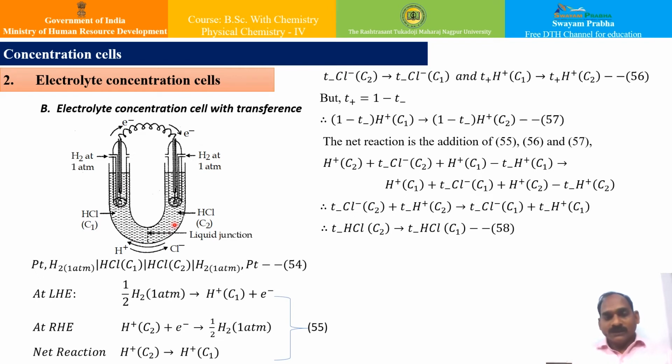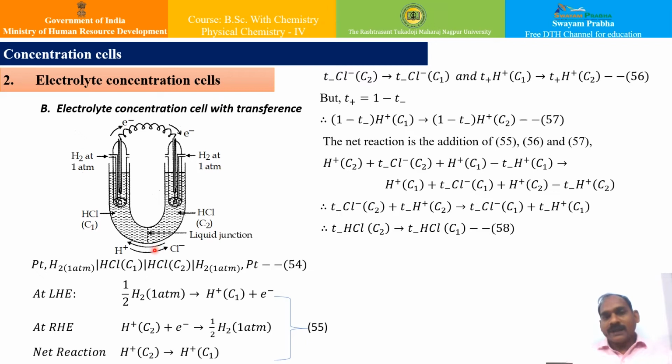In this arrangement, the concentration of electrode is the same, as in the previous arrangement, and the concentration of electrolytes is different, and the electrolytes are in direct contact with each other through this particular liquid junction.